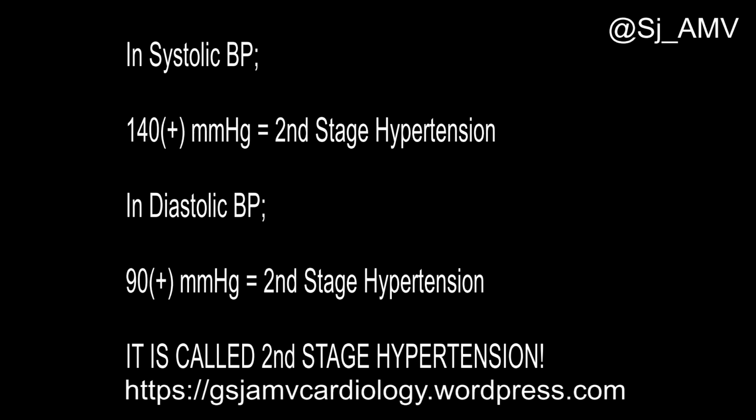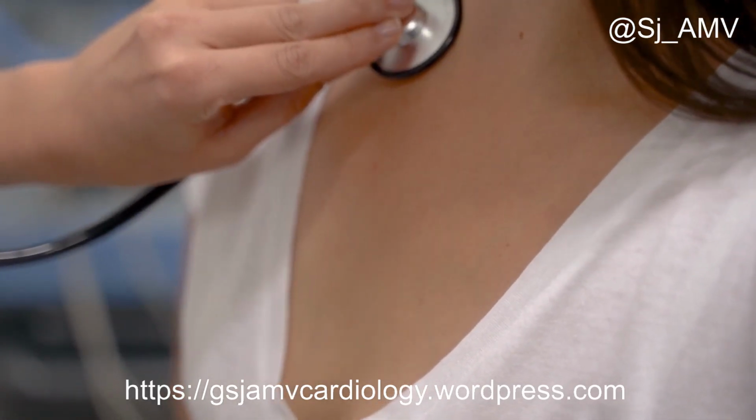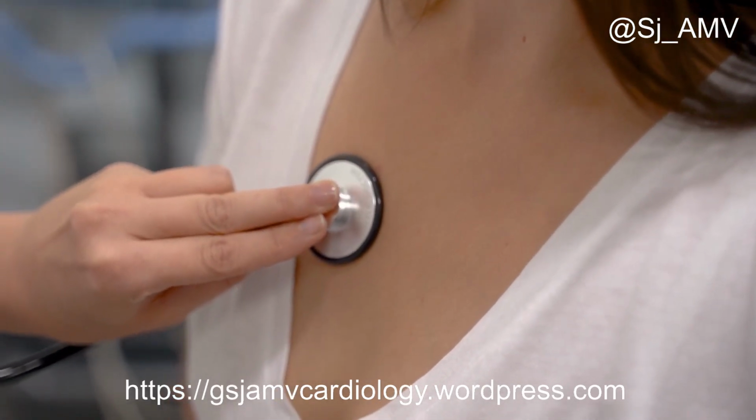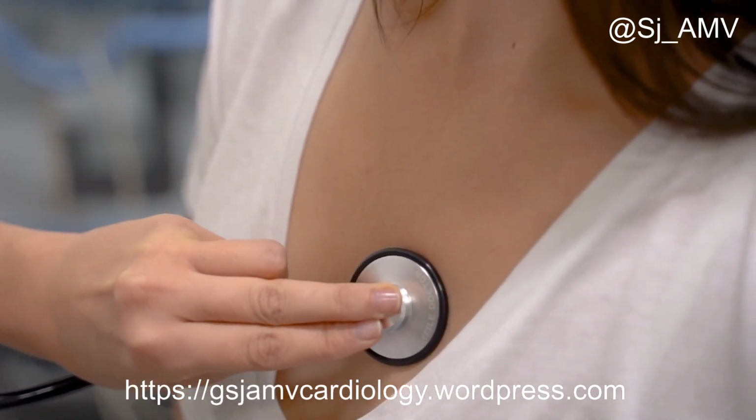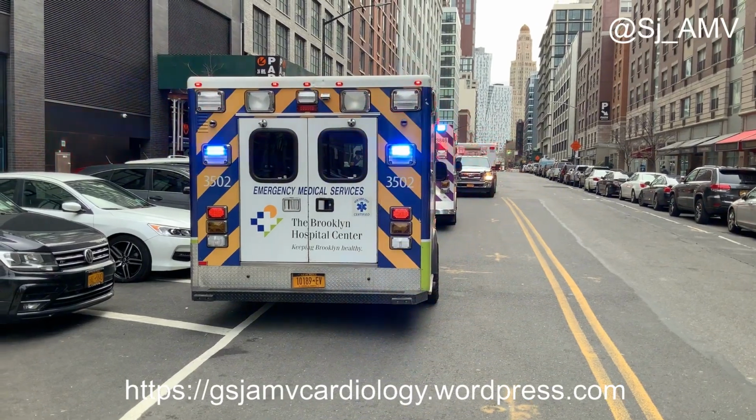Any BP above 140/90 mmHg shows the second stage of hypertension. It is necessary to visit your doctor during the initial stages of hypertension to maintain it and decrease further complications. A BP equal to or greater than 180/120 mmHg is an emergency condition. Contact emergency services immediately.